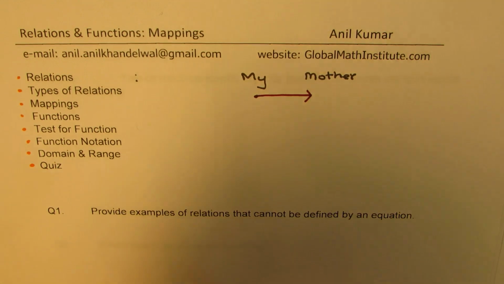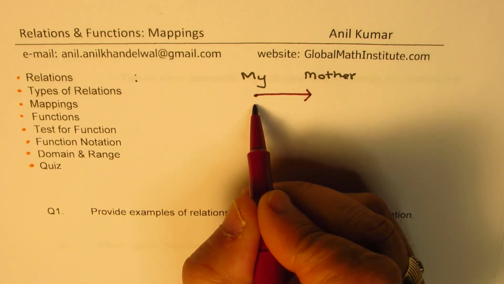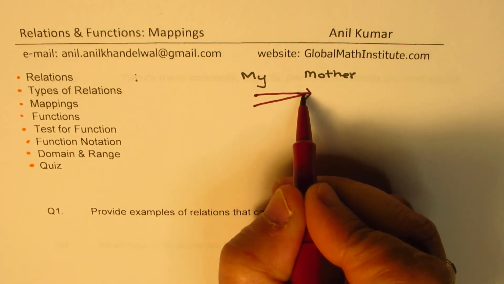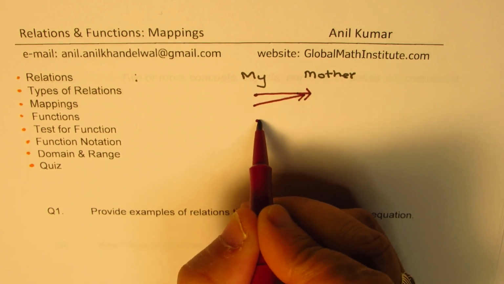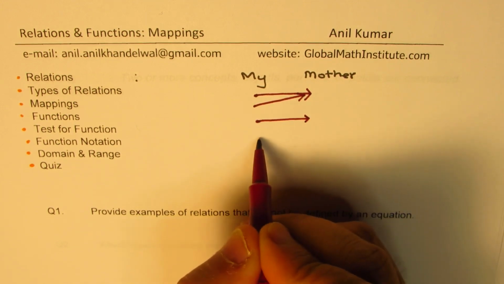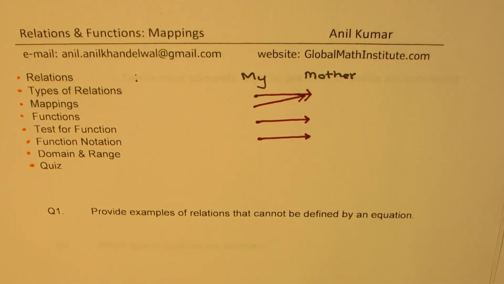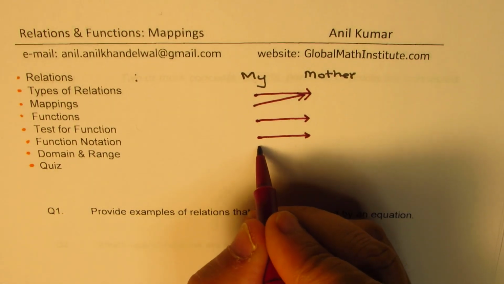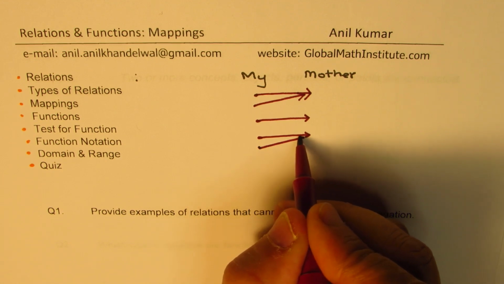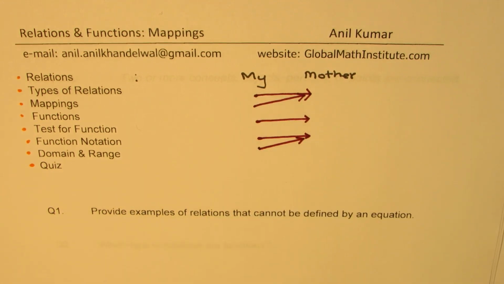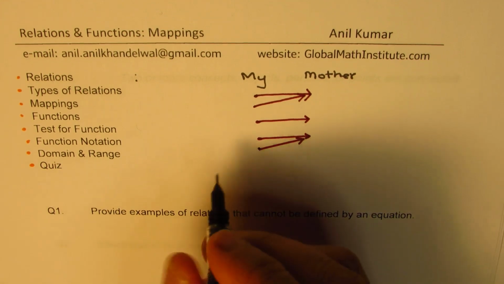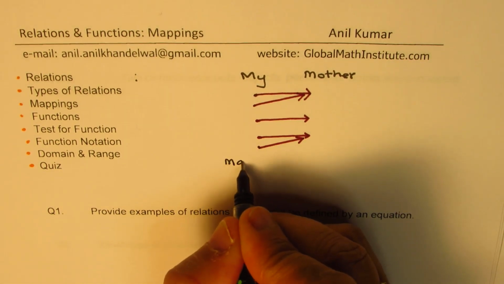Now you realize that two or more persons can have one mother, right? So what we see here is that, well, the relation is kind of like this. However, we could have many related to a mother also. Right, so this becomes a relation in which we are relating many to one.